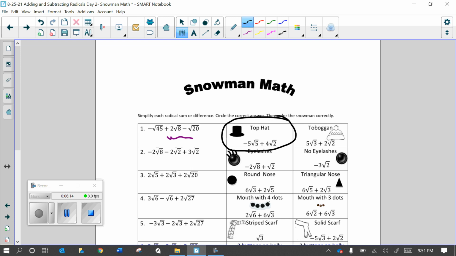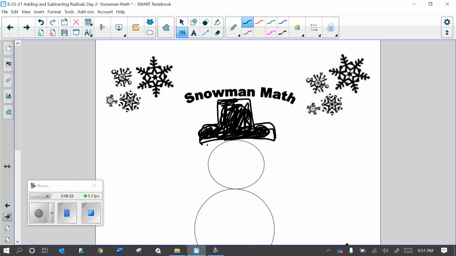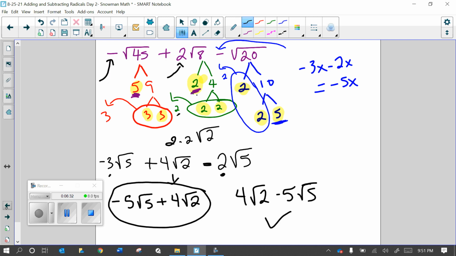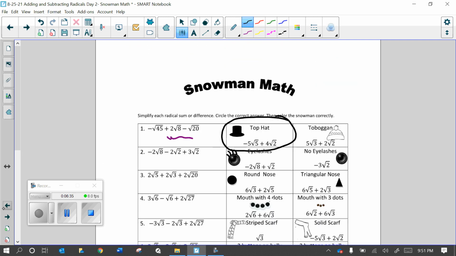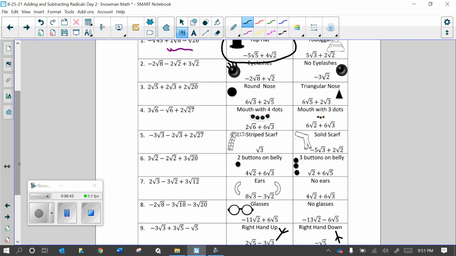So that means when you go to fill in your snowman, it gets a top hat. I think I tried to draw one. Yeah. Sorry, my top hat is not pretty, but you get the idea. So you're just going to do that on questions 1 through 10. You're going to need a separate sheet of paper. And then you just decorate the snowman with whatever your answer is.